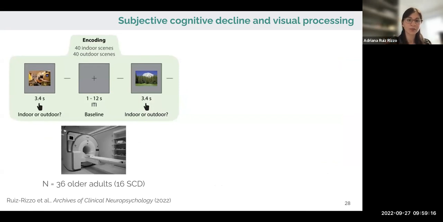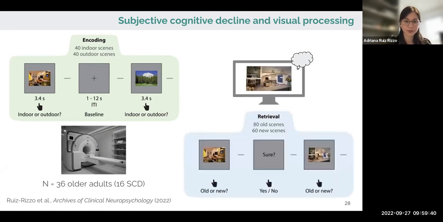So for this, I analyzed a sample of 36 older adults, 16 of which had these memory complaints and concerns. They were assessed in the MRI scanner, in which they were shown pictures of scenes of the real world, indoor and outdoor, and they had to indicate whether those scenes were indoor or outdoor with a button press. This was the idea to encode the information for later recognition.